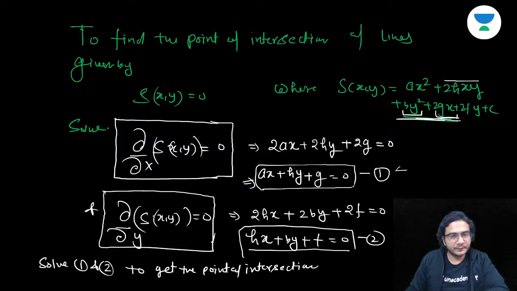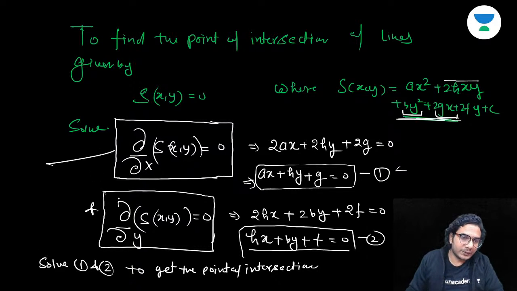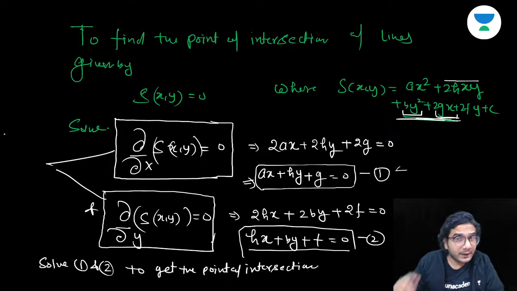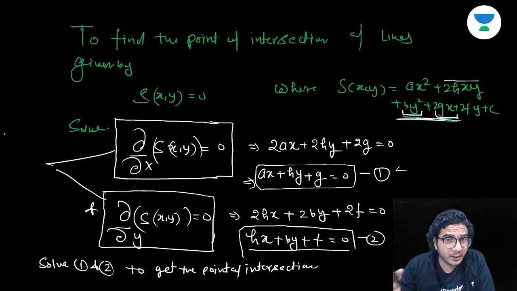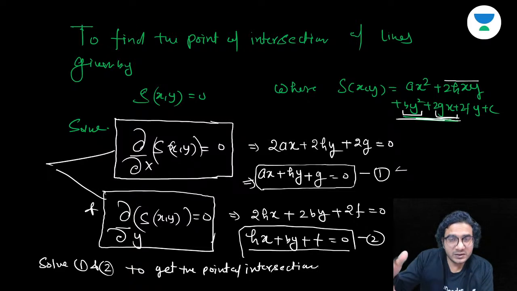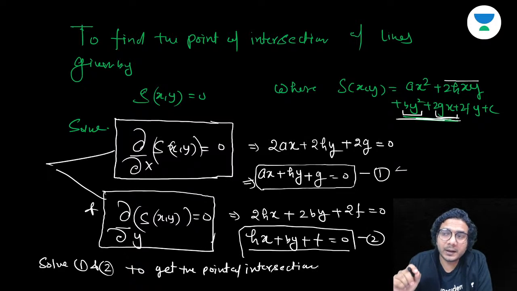In any 2 degree curve, circle, ellipse, or hyperbola, if you solve del by del x of S(x, y) and del by del y of S(x, y), that means these two linear equations, ax plus hy plus g and hx plus by plus f, you will get the center of the curve.